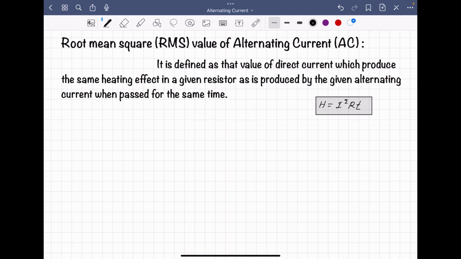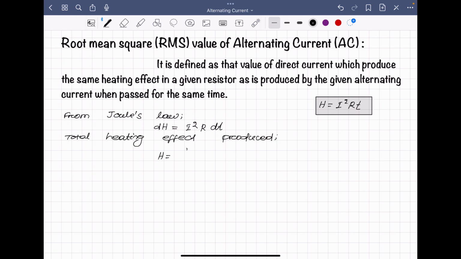So here we have to take from Joule's law, for small heating effect we can write dH. This is from Joule's law. dH can be written as I square R dt. And if capital T is our time period for AC, then the total heating effect produced H is the integration of dH, and here we have to take the integration of I square R dt, for the complete cycle from 0 to T. Let it be equation 1.